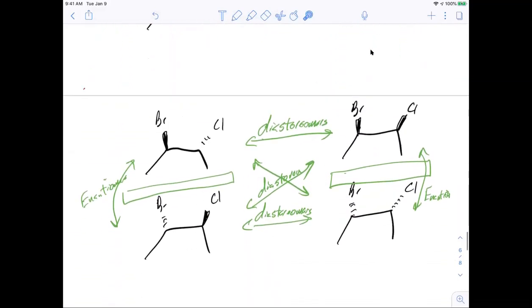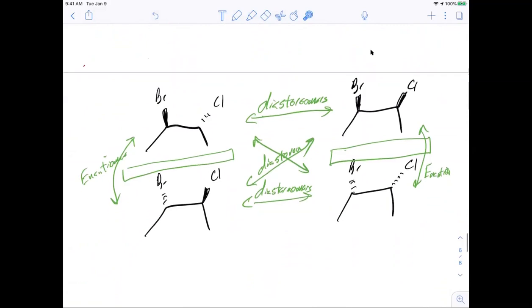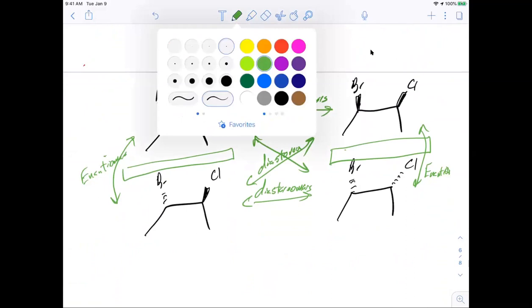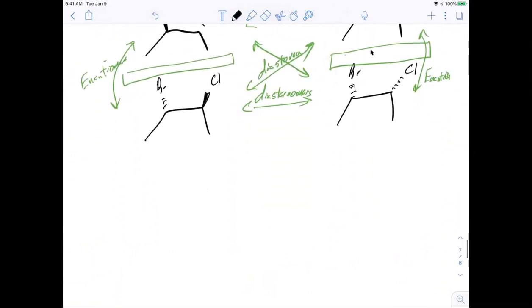When you're looking at structures like this, it's pretty straightforward. What is an enantiomer and what is a diastereomer? When you get to more complex molecules, one of the ways I suggest doing that is going ahead and naming it as R and S. So practice, get good at R and S, and let's name it. So let's take this set here and name these and then look at them.